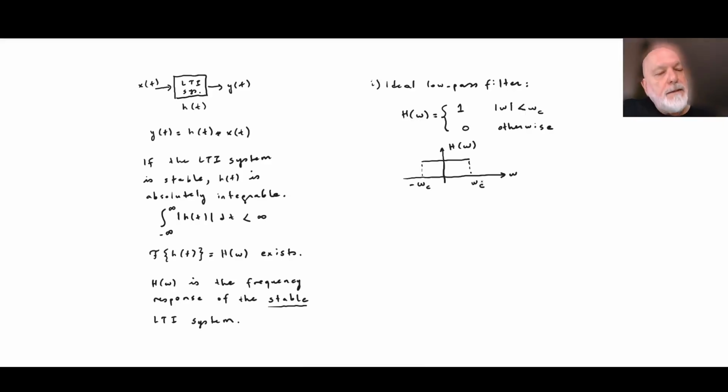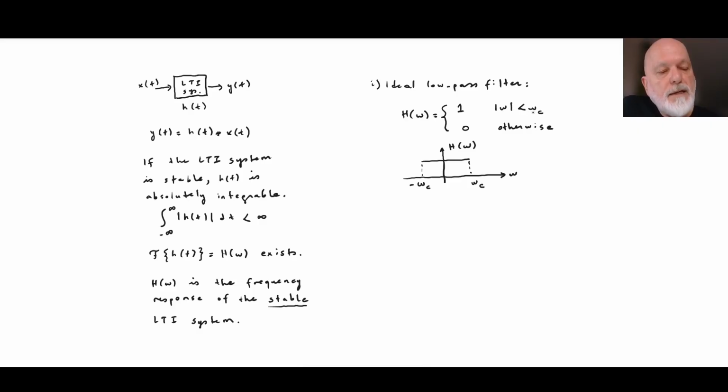Okay. Now, the inequality magnitude omega less than omega c implies that omega is between minus omega c and plus omega c. Why? Because if omega is positive, magnitude or absolute value in this case, because omega is real valued, absolute value of omega when omega is positive is equal to omega.